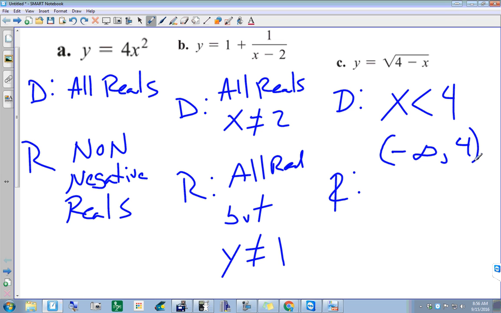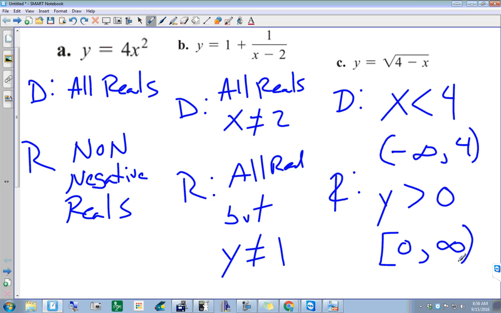So what about the range? If I put in a 4, I got 0, right? So y would be what? So would it be this? Or, more specifically, that.